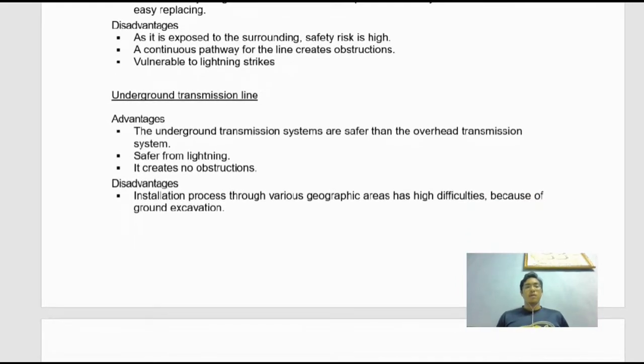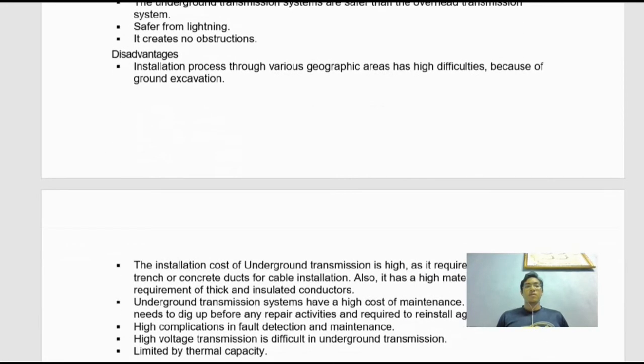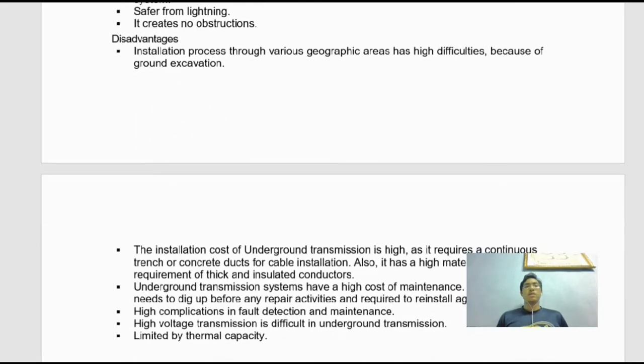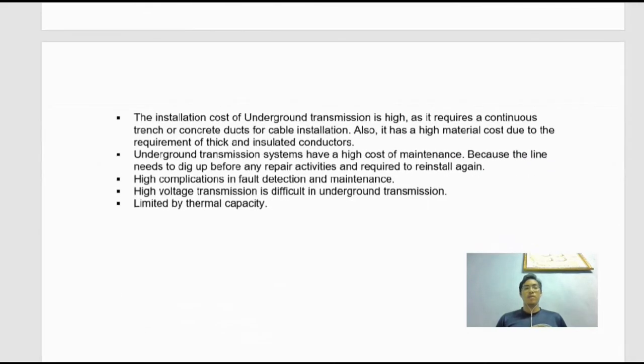And for the underground transmission line, the advantage is that underground transmission systems are safer than overhead transmission systems. It is safe from lightning and it creates no obstruction. For the disadvantages, the installation process through various geographic areas has high difficulties because of ground excavation.